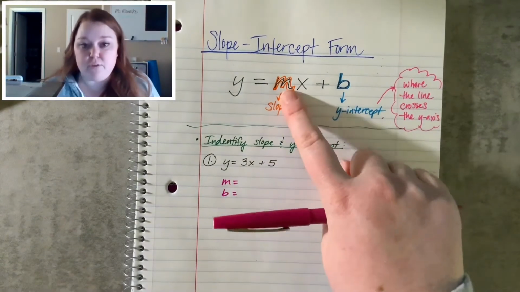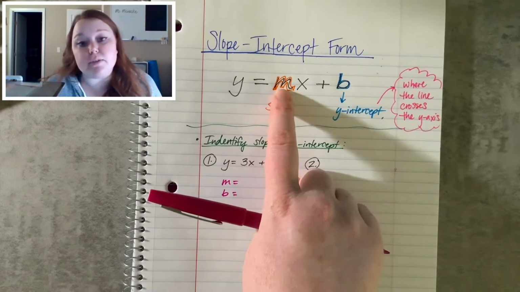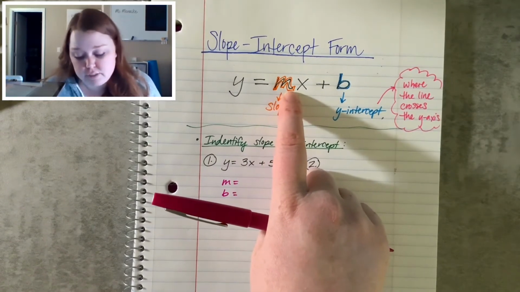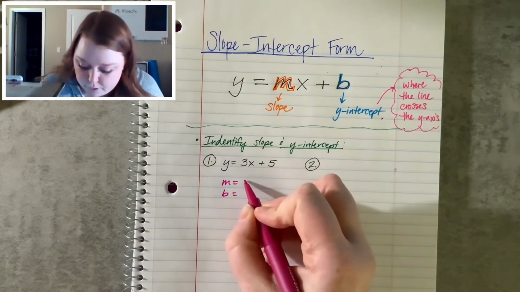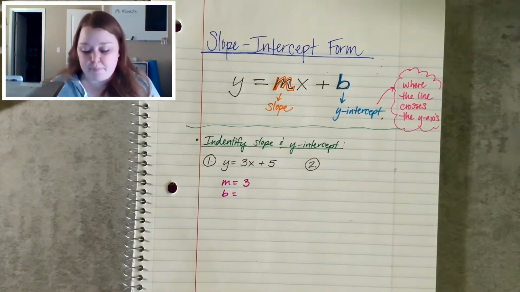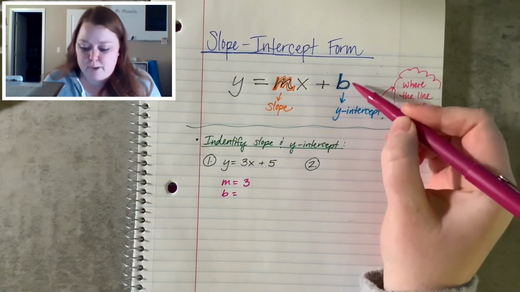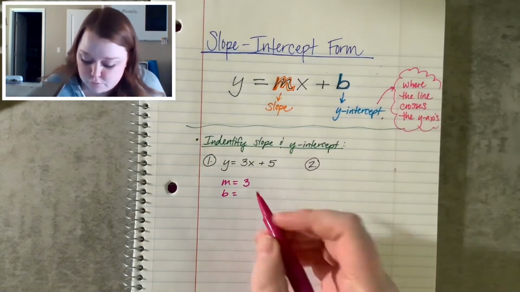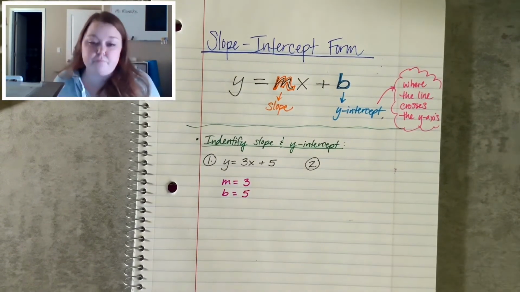So the m value, if we look at our formula up here, the slope, is the number attached to x. What number is attached to x here? 3. And your b value is at the back here, so your b value is positive 5.